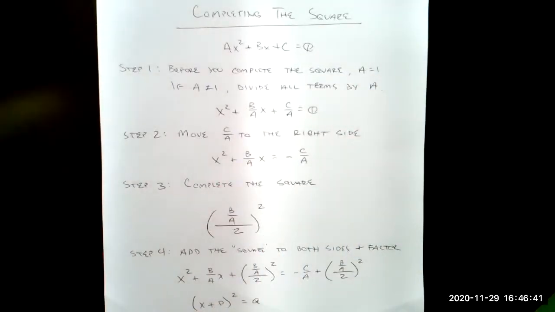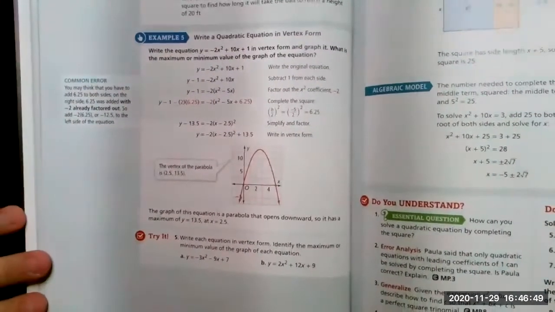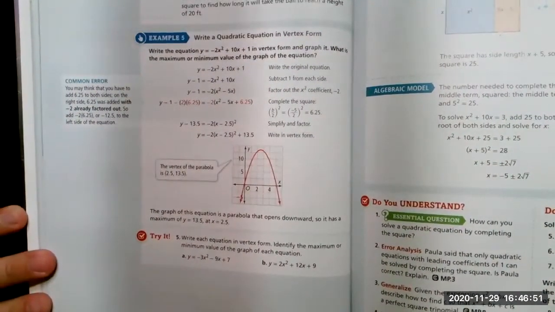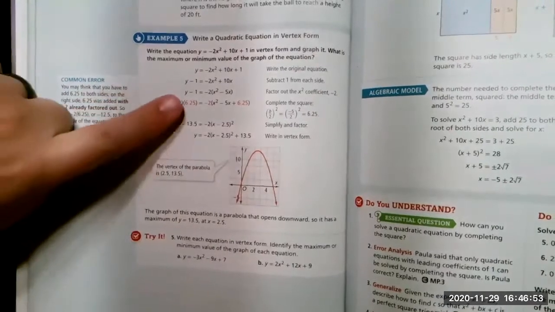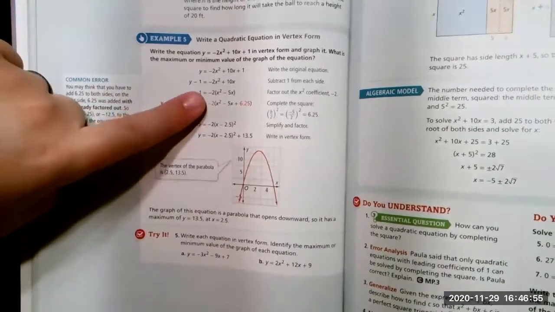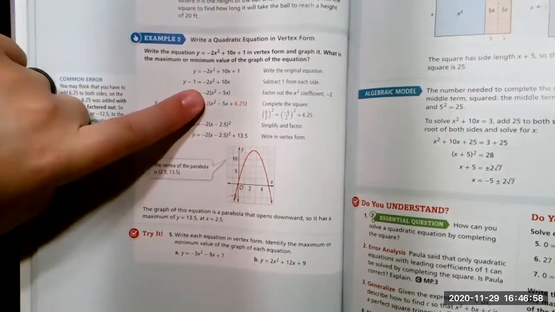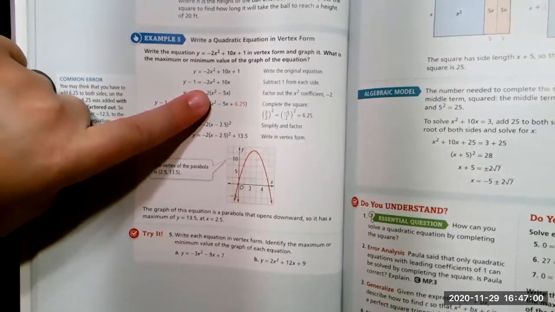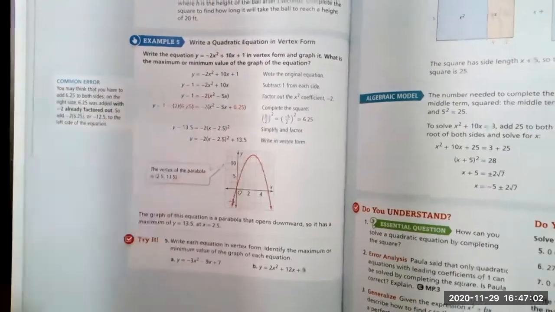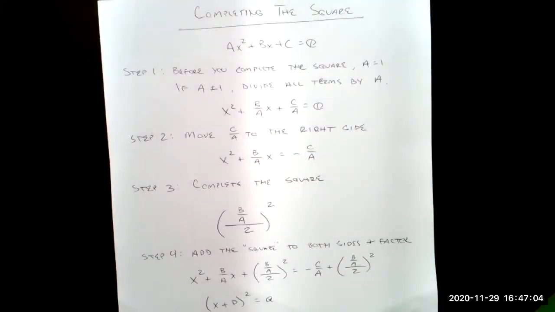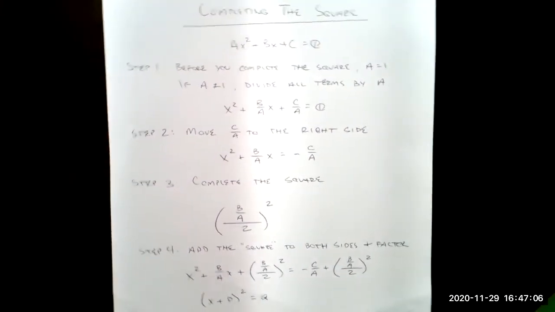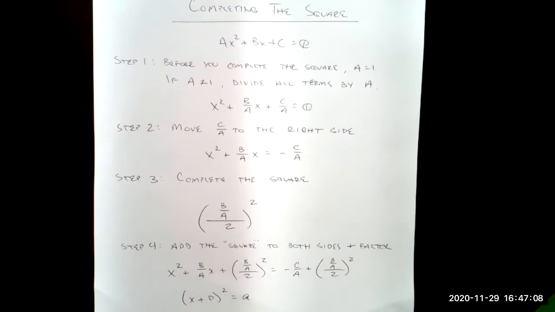Let me go back and look real quick with this example here. When we did this towards the end of that last video, we moved C over to the other side, we took the GCF out, so you'll notice that your A value is a 1x squared right there. So really important, otherwise this process isn't going to work for you. Make sure A is equal to 1.